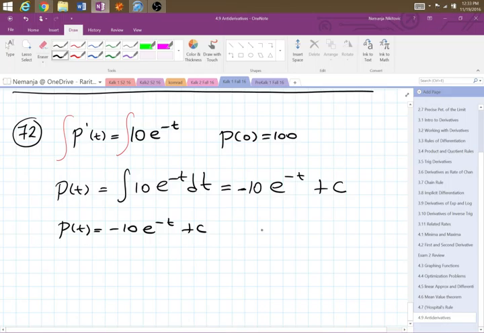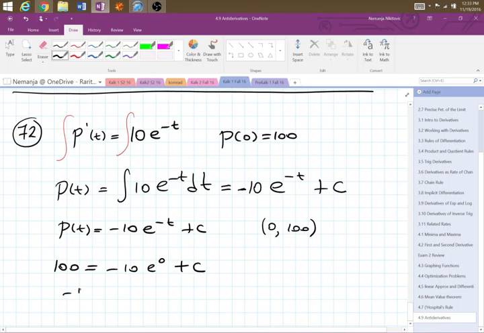We have a point that says that when t is 0, p will be 100. So we plug that in. 100 is equal to minus 10 times e to the negative 0, which is just 0, plus c.